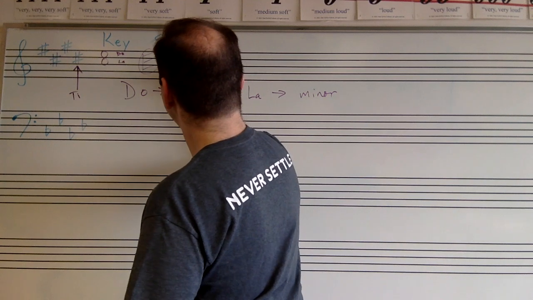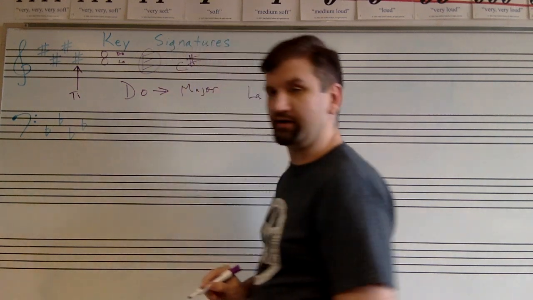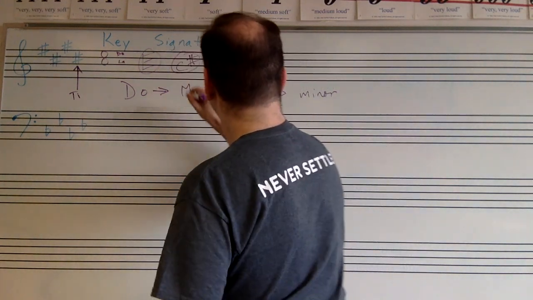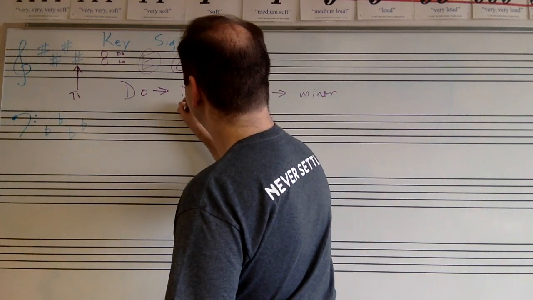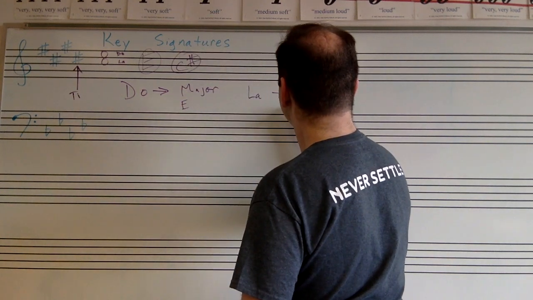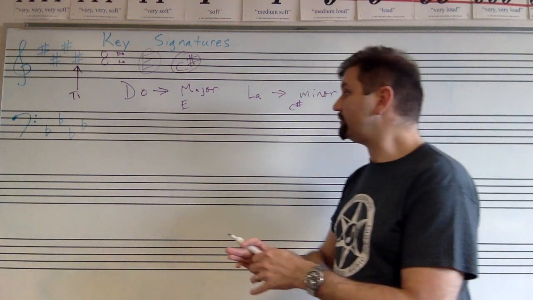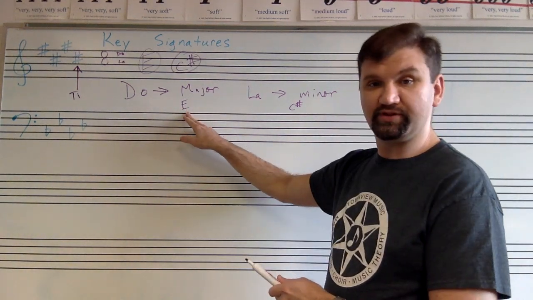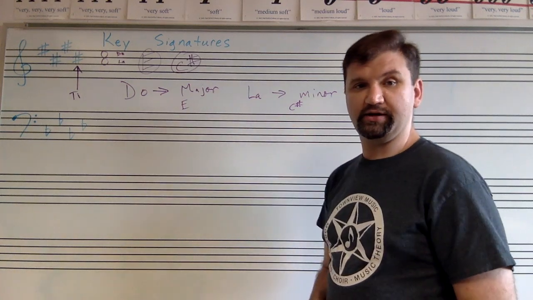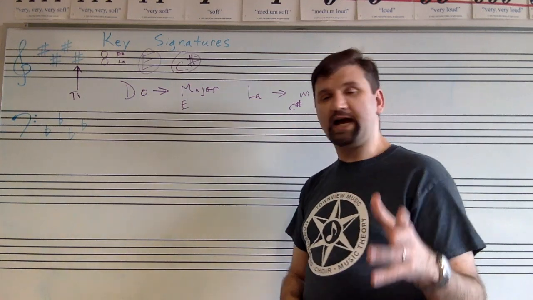So that would be C sharp minor. So in this case, this key signature could be E major or C sharp minor. And typically when we write it, we're going to write a capital for the major and a lowercase for the minor.